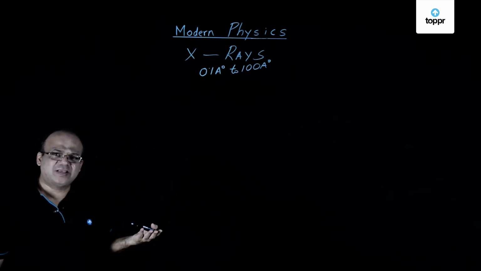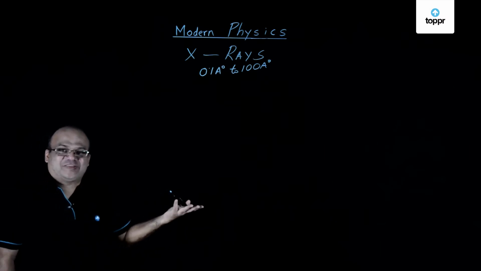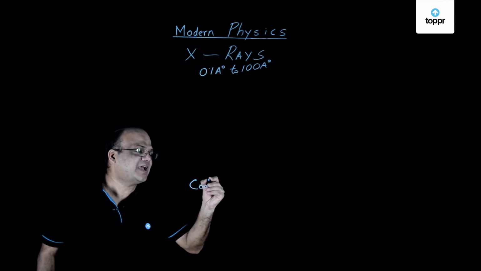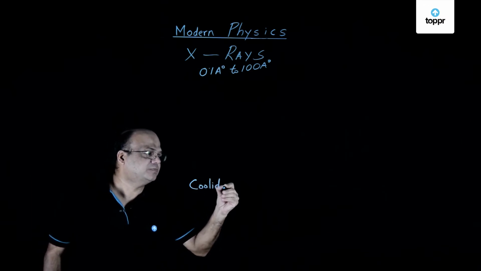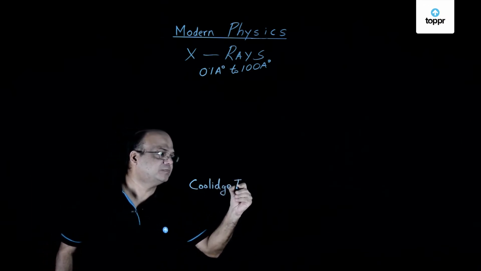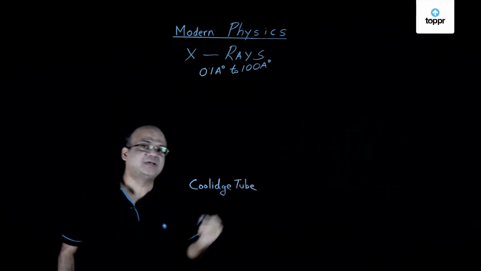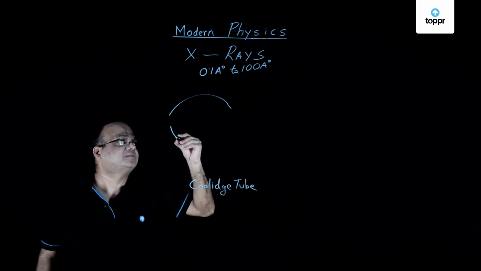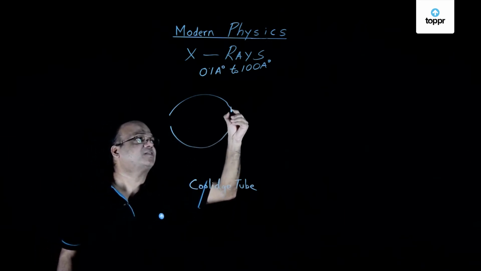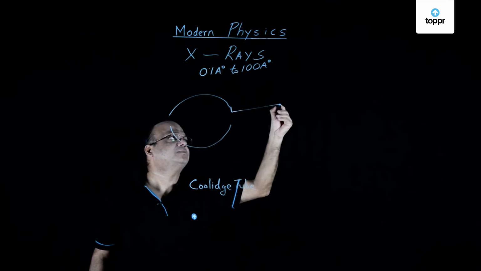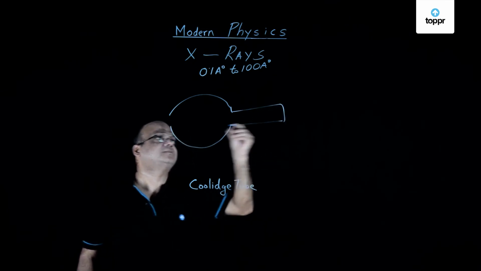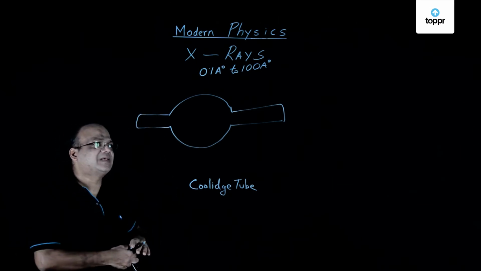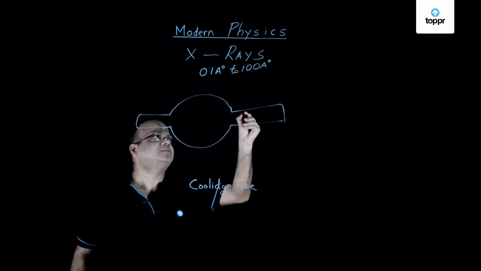Now X-rays are produced in an X-ray tube, obviously, right? That is called Coolidge Tube. So now we are going to understand Coolidge Tube. Coolidge Tube looks like this. This has got two arms. Here we'll have a cathode.